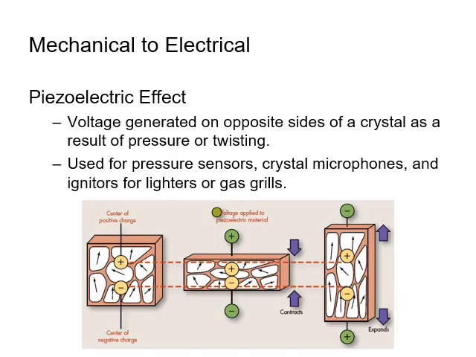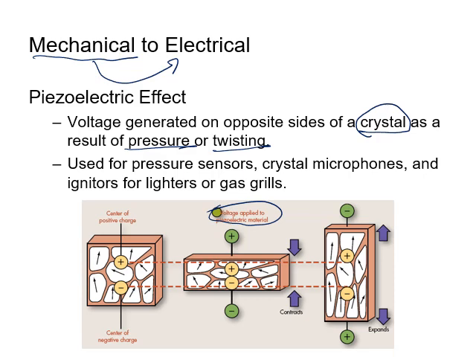Mechanical to electrical is the piezoelectric effect. The piezoelectric effect is when you apply mechanical force to a crystal, whether it's pressure or twisting, this crystal would start generating voltage, and this is used in pressure sensors, in microphones to sense vibrations, and igniters for lighters and gas grills.